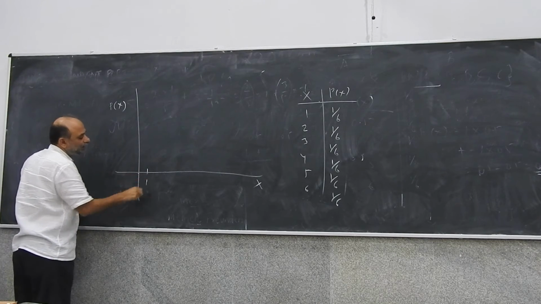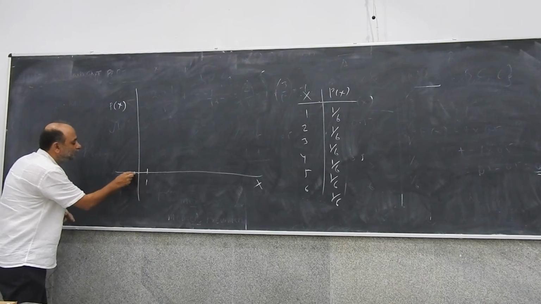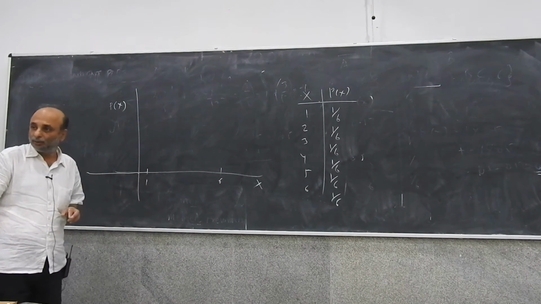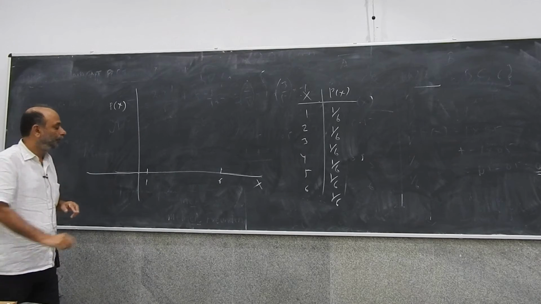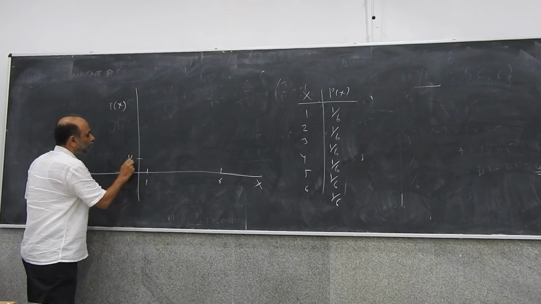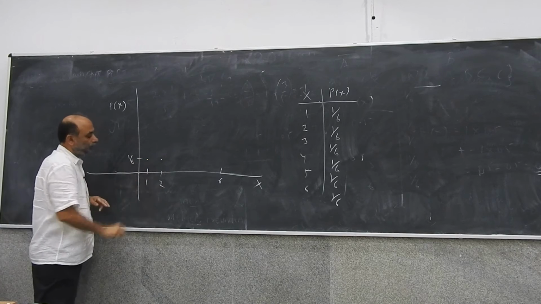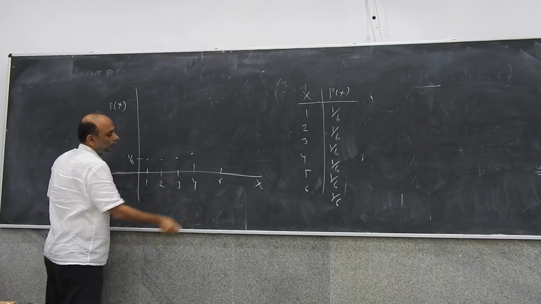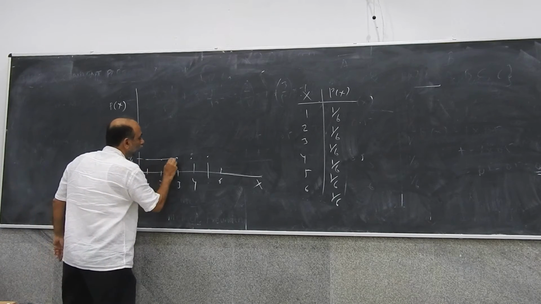Does x take a value less than 1? No. So the probability x takes a value less than 1 is 0. Does x take a value greater than 6? The probability x takes a value greater than 6 is also 0. What is the probability with which x takes a value 1? 1 by 6. So I need to dot here, at 2, 3, 4. Now let me join these dots.